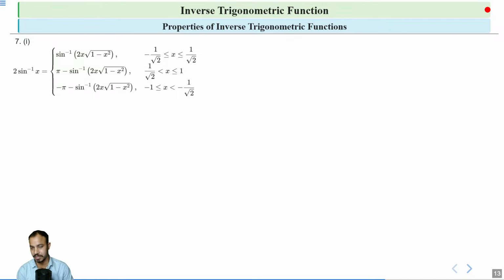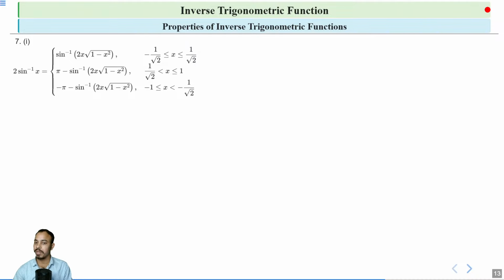Okay, you can prove it. Then when you have 1 by root 2 less than x less than or equal to 1, then 2 sin inverse x is equal to pi minus sin inverse of (2x times square root of 1 minus x square). When minus 1 less than or equal to x less than minus 1 by root 2, then 2 sin inverse x is equal to minus pi minus sin inverse of (2x times square root of 1 minus x square).